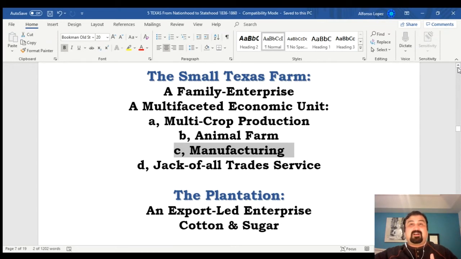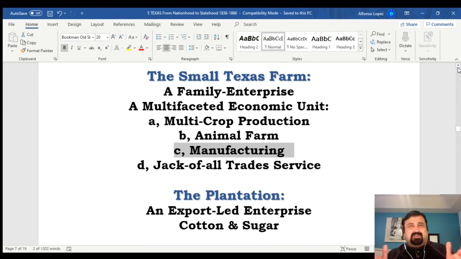Okay, so in the farm, there's going to be maybe one of the siblings or one family member that this is what they're going to be doing for the family enterprise. Okay, maybe crafting shoes or hats, etc., clothing attires, etc., maybe blacksmiths. Okay, trying to craft horseshoes or other ironworks, iron tools, and the like, manufacturing. Okay, so it's not just farming per se, but rather there's a multiplicity of different activities here.